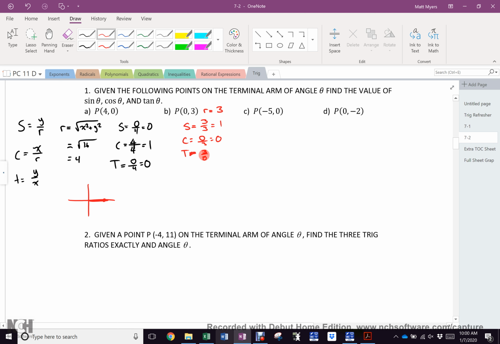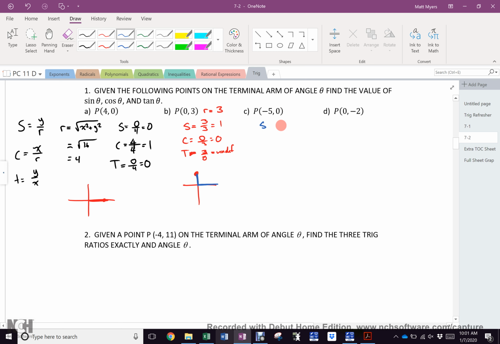Wait a minute. What's wrong there? It's undefined. And if we were to draw it, 0, 3 would be right here, yes? So it would be 90 degrees. And if we were to do all those sine, coses, and tans, we would get those values. Everybody cool? Yeah? Okay. So let's do the next one.